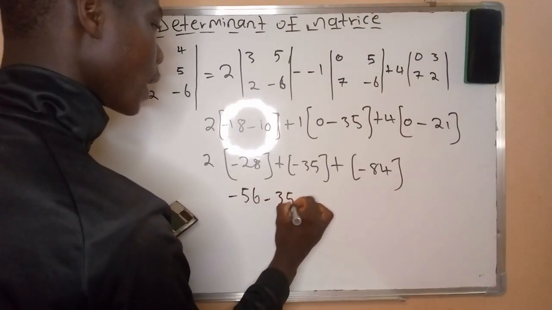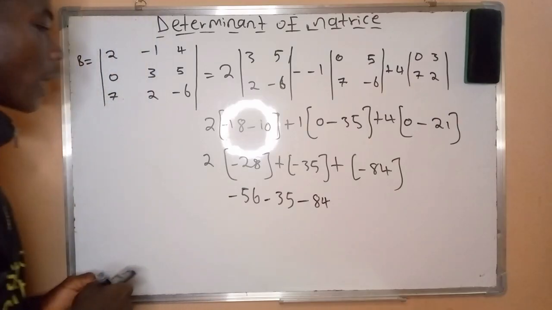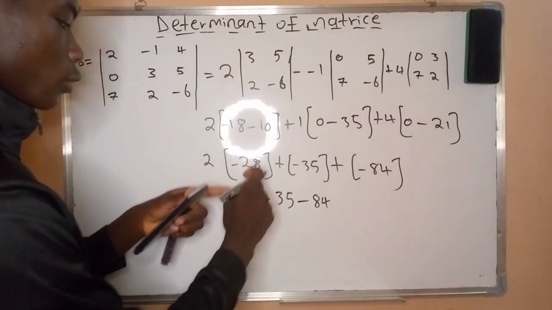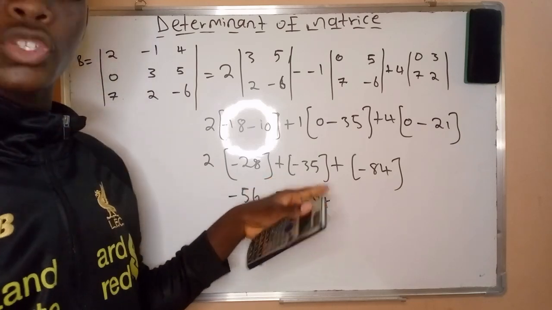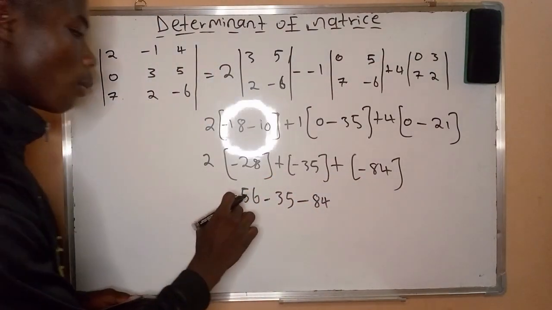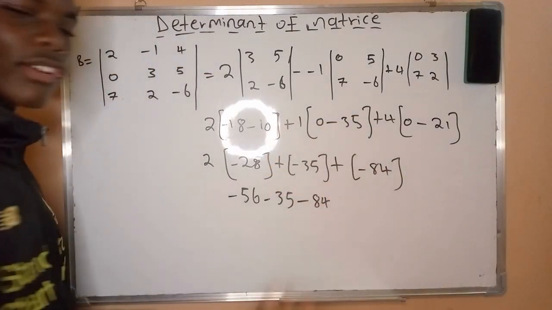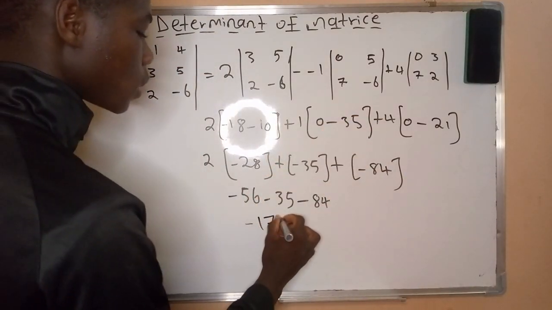Minus 35. And therefore, minus 84. So therefore, 2 multiplied by minus 28 will become minus 56, and therefore plus minus, which is a negative sign. So therefore minus 56 minus 35 minus 84 is minus 175.